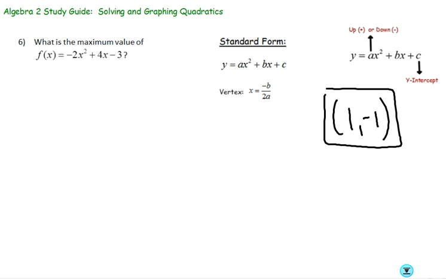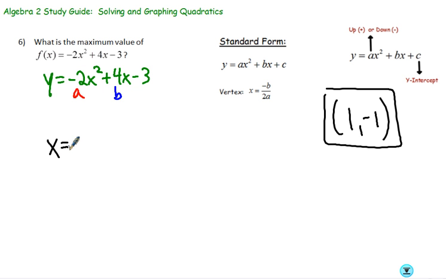Well, the first thing, just so I don't get confused, I'm going to just rewrite this as y equals -2x squared plus 4x minus 3, because again, we're not using that function notation. There's my a, there's my b. -3 is my c, but you notice in the formula it's just -b over 2a, so I don't need to know the full thing there.